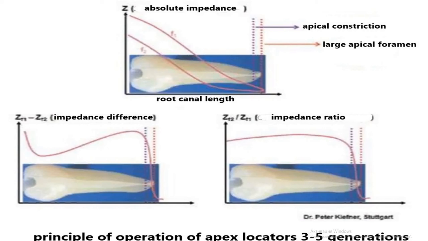In this picture we see absolute impedance, impedance difference, and impedance ratio. And we see the principle of operation of the apex locator from the third to the fifth generation.